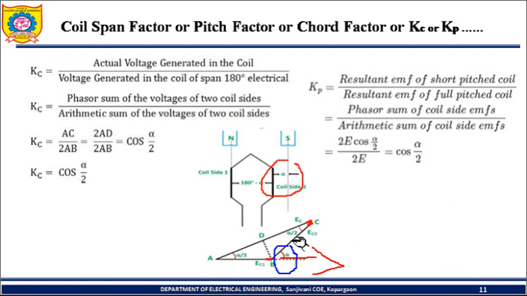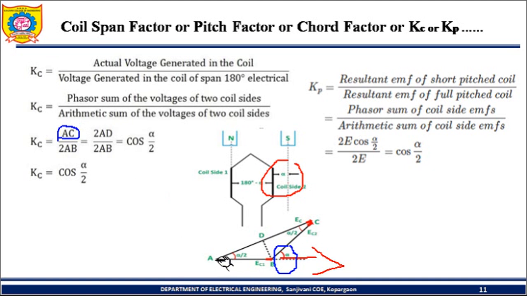So it becomes BC, and the resultant of this is nothing but AC. So with the help of this short pitch coil, the actual voltage generated in the coil becomes AC. See here, it is AC.